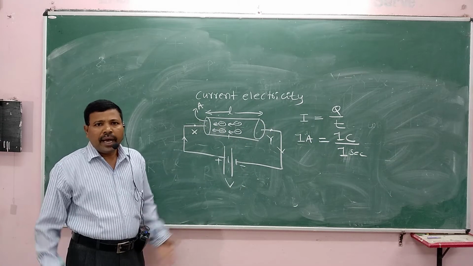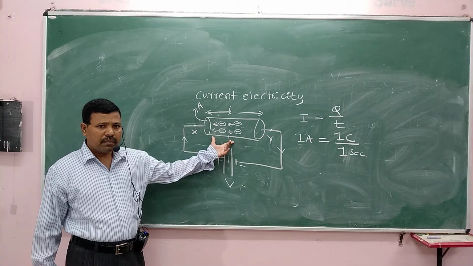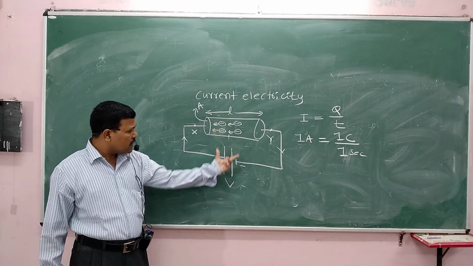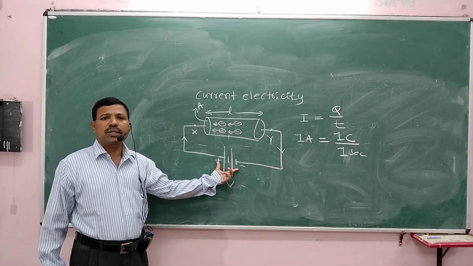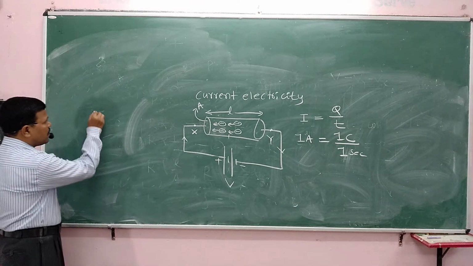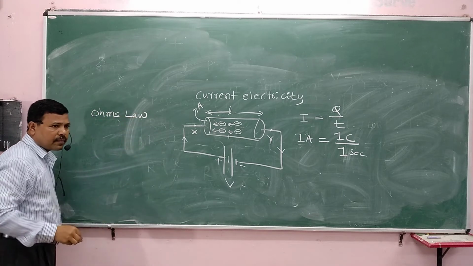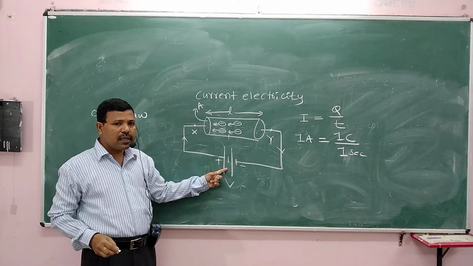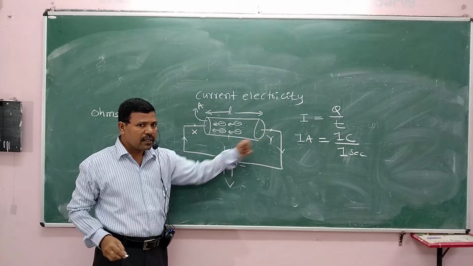Fine. As we know, according to Ohm's law, the current flowing through the conductor is directly proportional to the potential difference applied across the conductor.